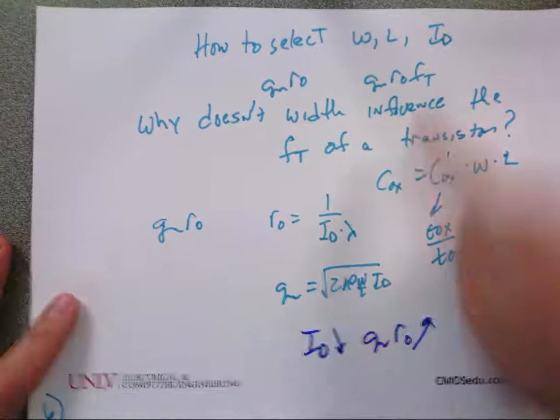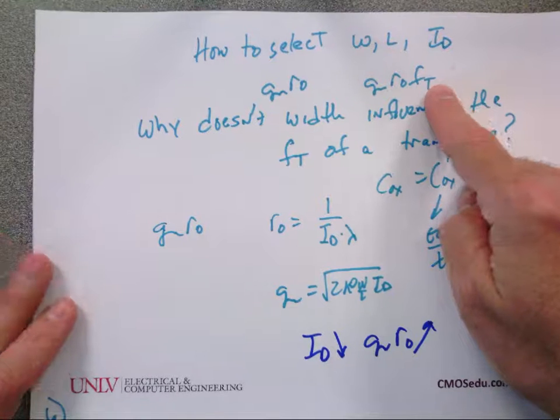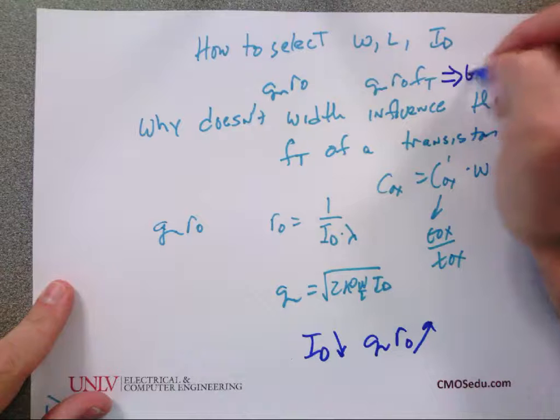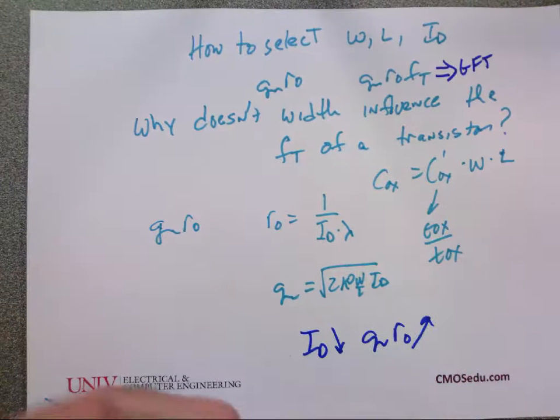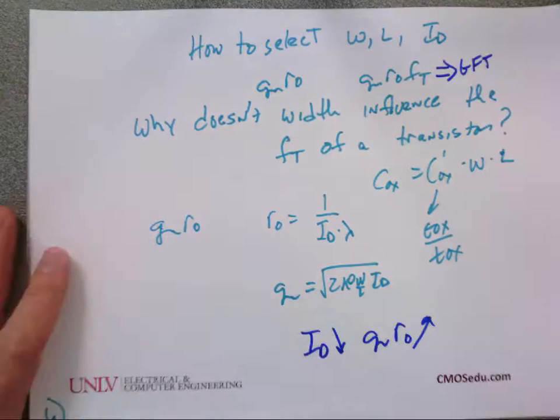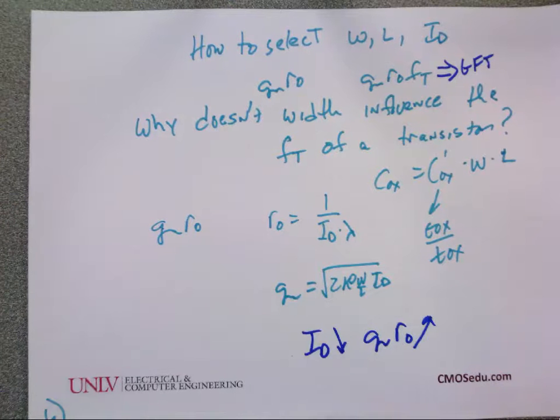So the GM R out, FT, this is the GFT. Know how that changes with length and overdrive and all those things. I think I've covered it great. We'll have some short questions on that stuff.